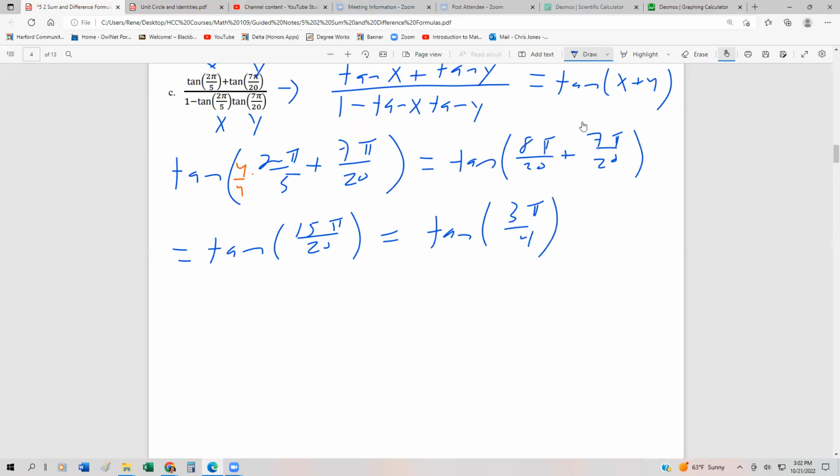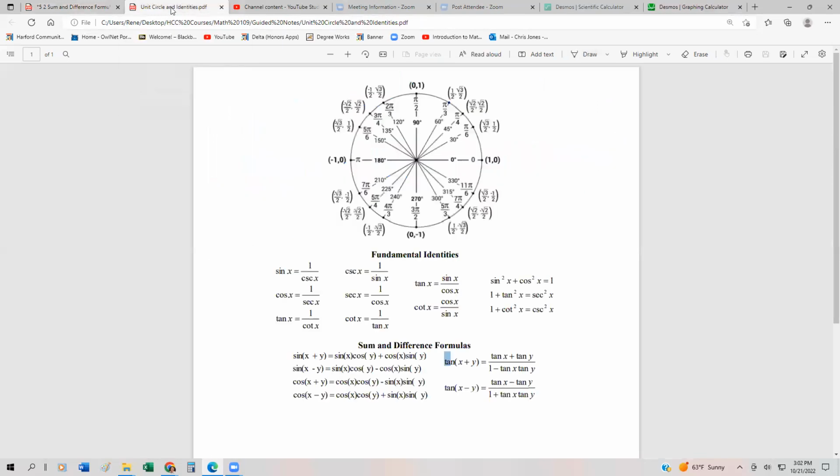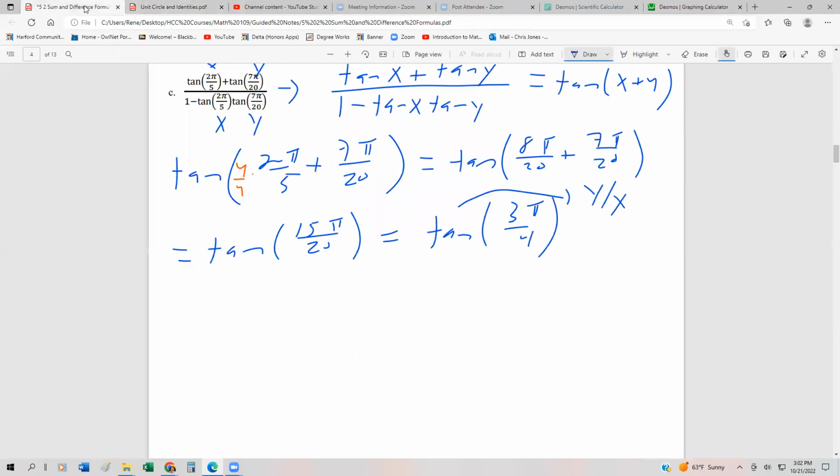Now remember, tangent is y over x in our unit circle. If we go to our unit circle at 3 pi fourths, we notice that y is root 2 over 2 and x is negative root 2 over 2. So this becomes root 2 over 2 divided by negative root 2 over 2, which is just going to be negative 1.